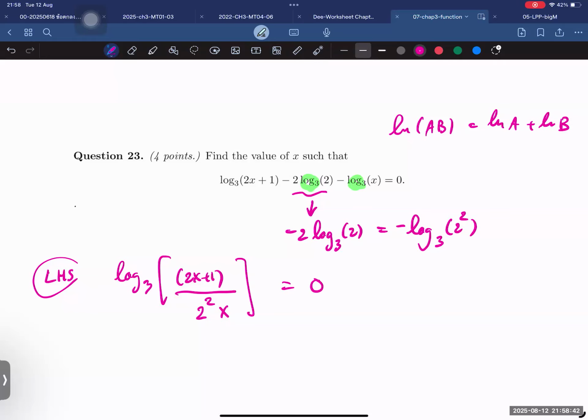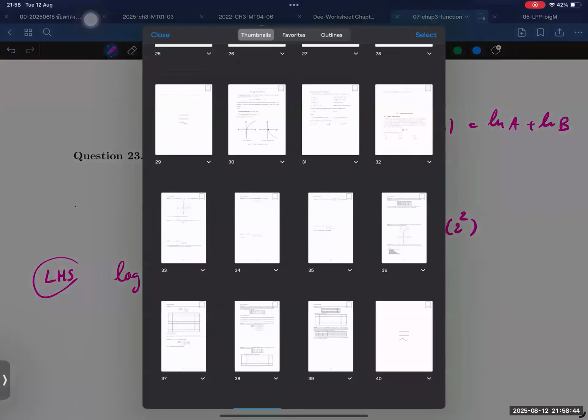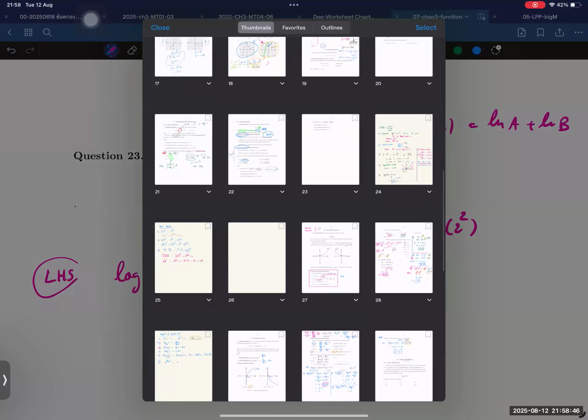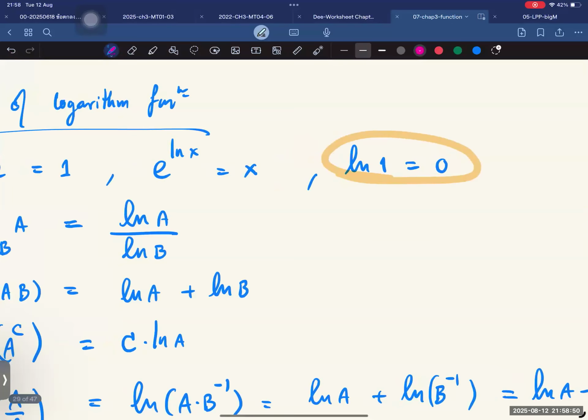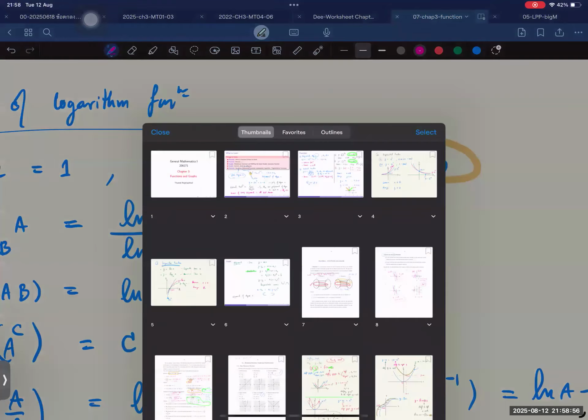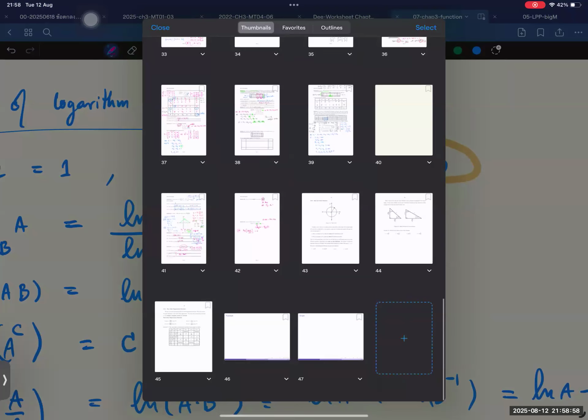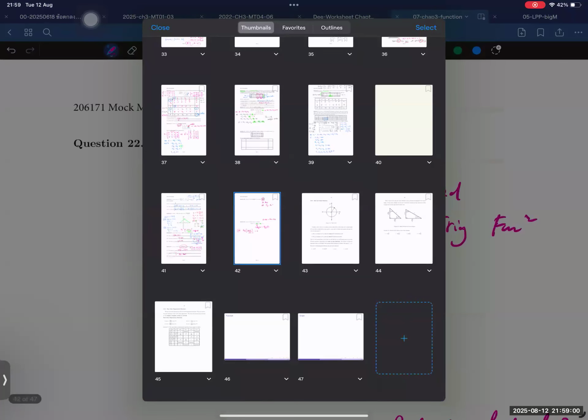Is that right? Let's go back to the beginning of the class. The property of log of 1 equal to 0. So which one? This one.